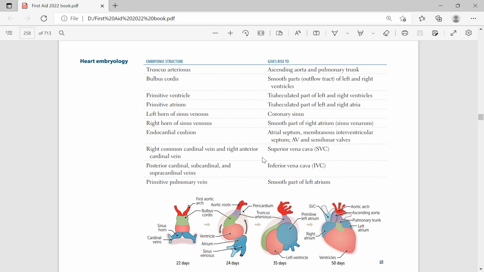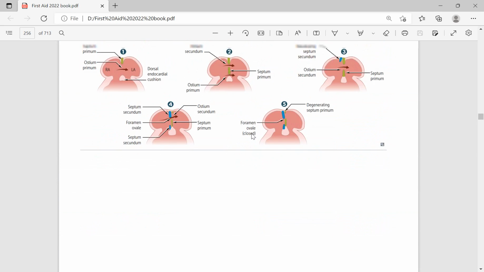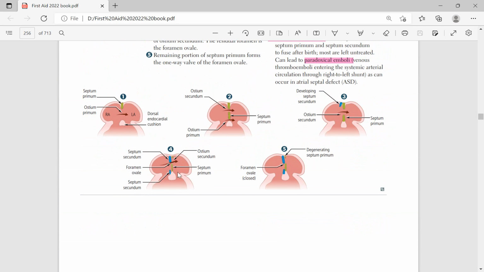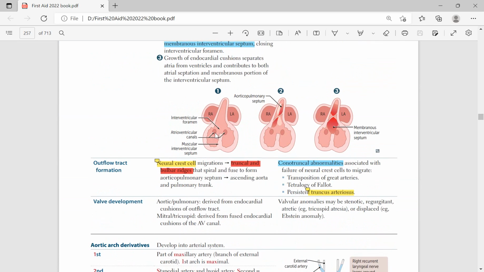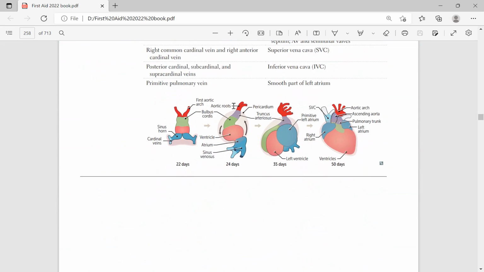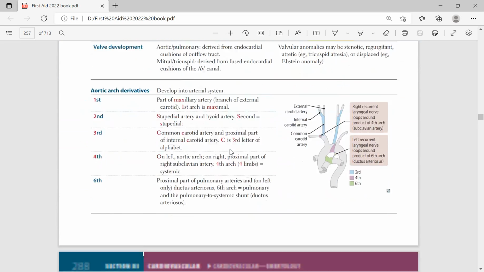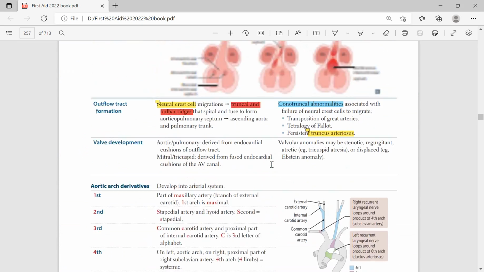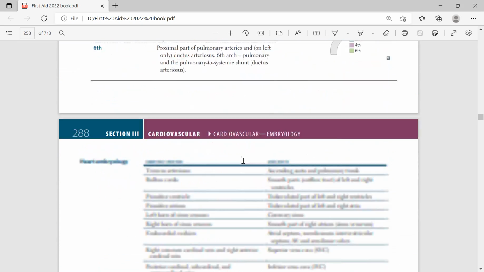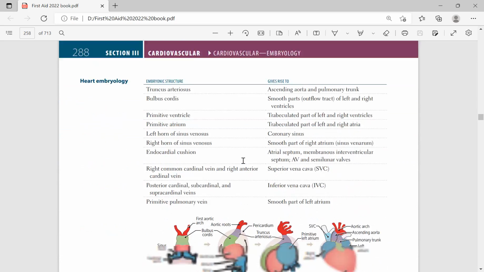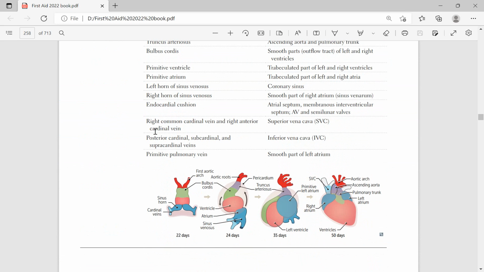Endocardial cushion: atrial septum, membranous interventricular septum, atrioventricular and semilunar valves. Okay.